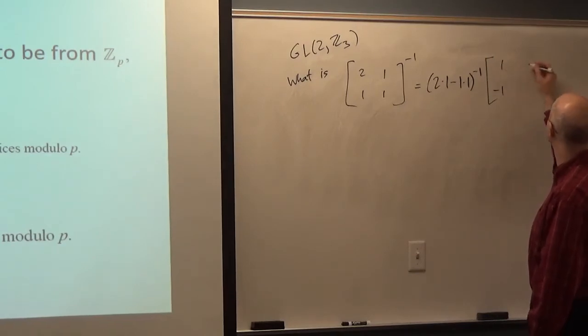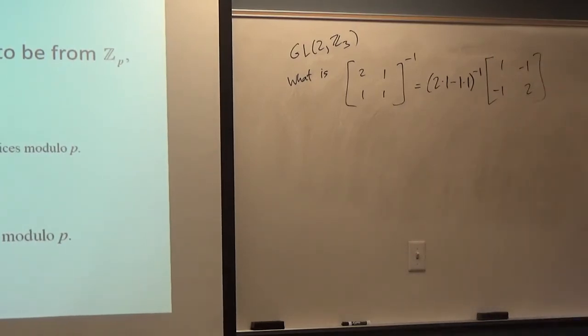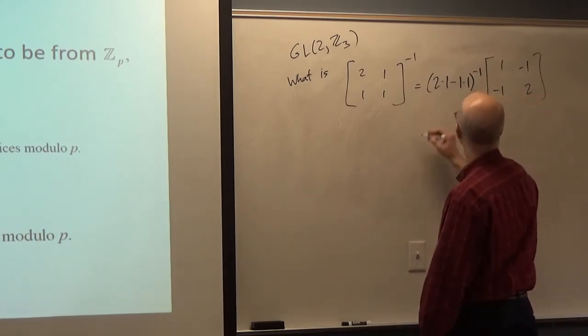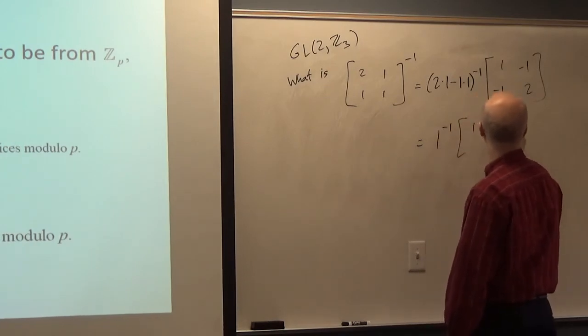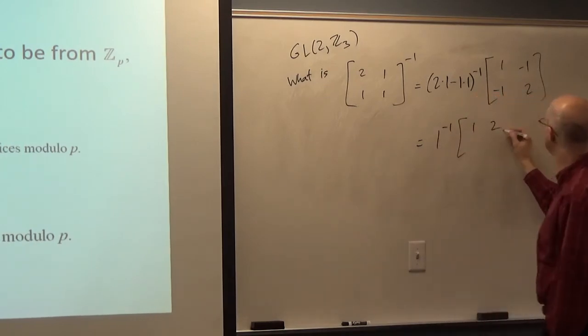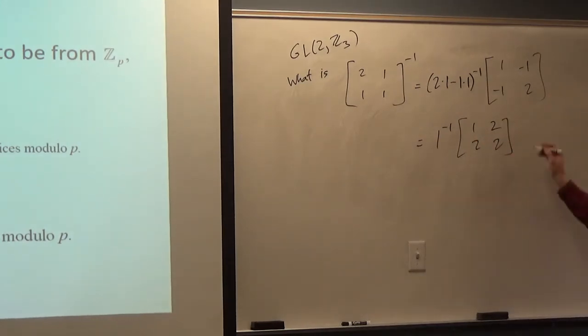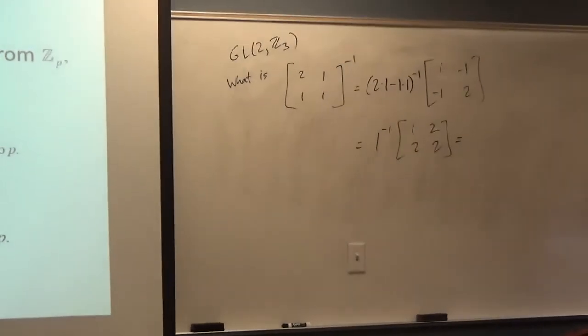Mod 3. And simplify. Mod 3 means the -1 gets replaced by 2. You can write it this way. And what is the multiplicative inverse of 1 mod 3? It's itself. Didn't have to be.